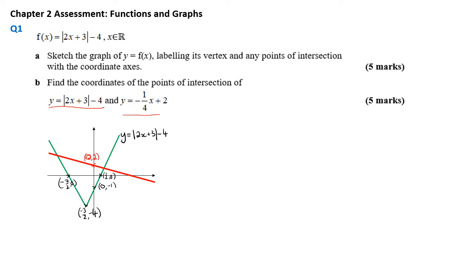I can see there are 2 points of intersection here, and I need to work out each of them. My positive solution here comes from where minus 1/4 x plus 2 crosses 2x plus 3 minus 4. That's my first equation.